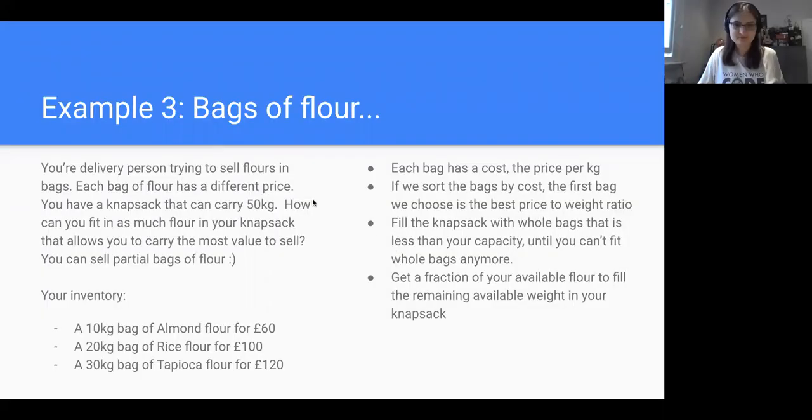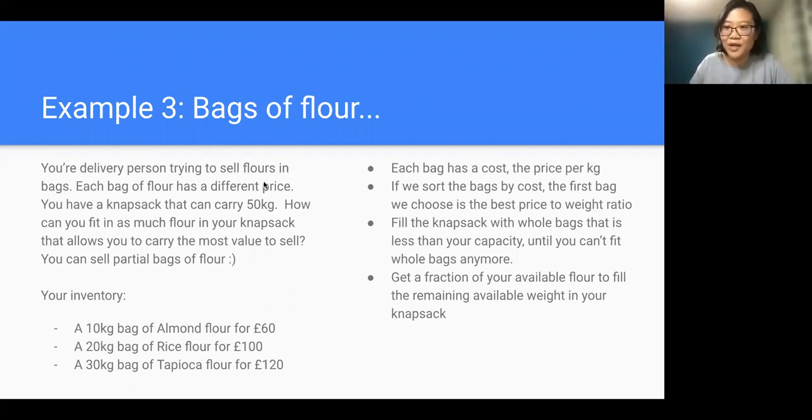Right? So let's start again for the bags of flour. We said you're a delivery person, you have a knapsack with a capacity of 50 kilograms, and you want to sell these bags of flour. And you can sell partial bags of flour, right? So how can you fit as much flour in your knapsack that allows you to carry the most value to sell?